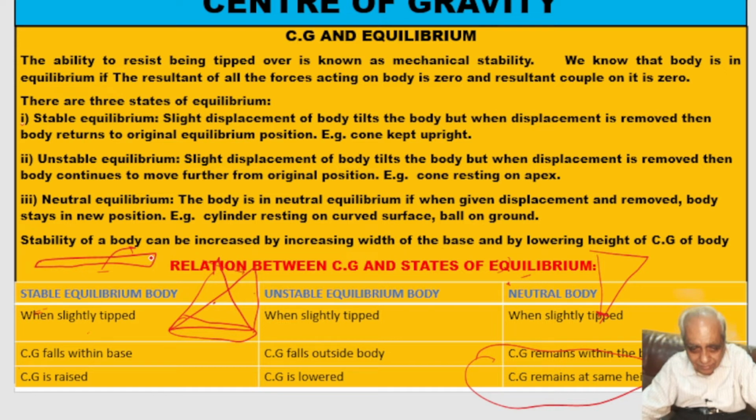See, suppose this was the original cone. Now I have given it a slight tilt. So when I am giving a slight tilt, this will go up. The body will become like this. So here the center of gravity was here, here the center of gravity is here. So there is a raise, but still if you draw a vertical, it is within the base.